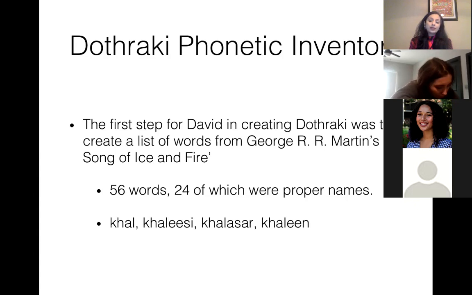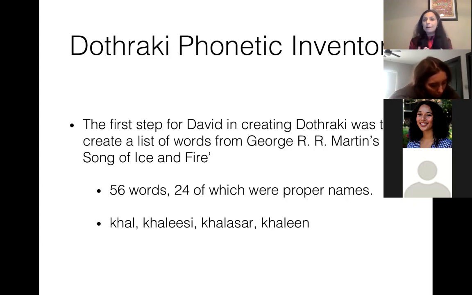So they were names of people, names of cities, and that kind of stuff. So here are some of the proper names from Dothraki that he started to work with. Khal, Khalisi, Khalasar, Khalin. So you can already see that all these words actually start with that ka, right?